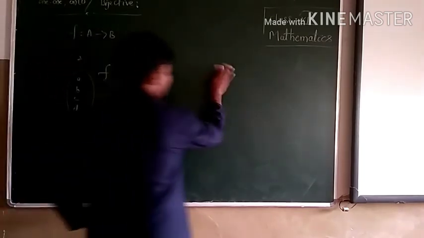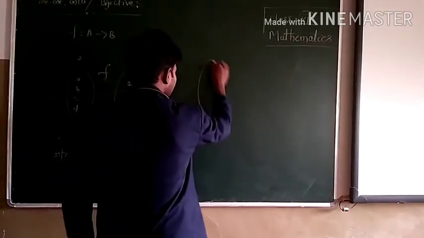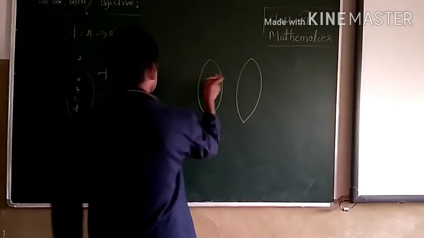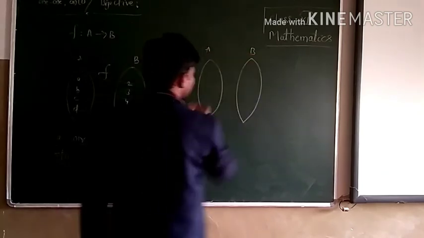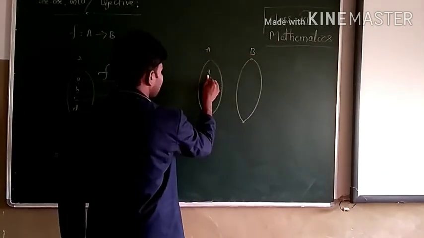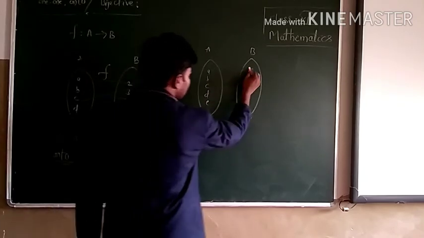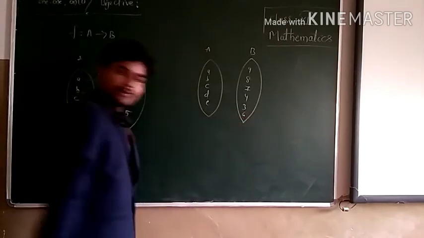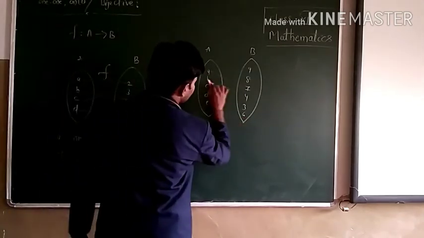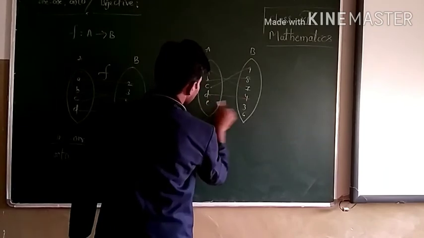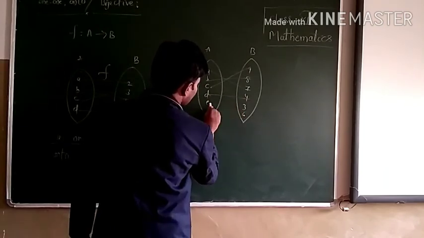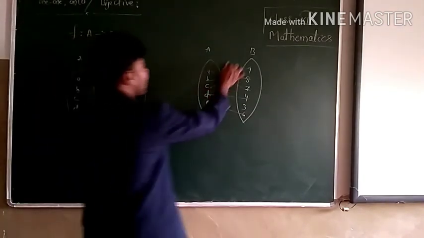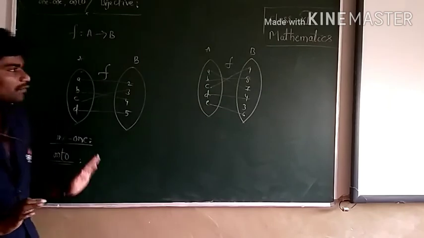If we take one more function, let's see the same example. Suppose this one is A with elements a, b, c, d, e, and B has 9, 8, 7, 4, 3, 6. Now the mapping is done like this. Now let's see whether this function f: A to B is a bijective function or not.